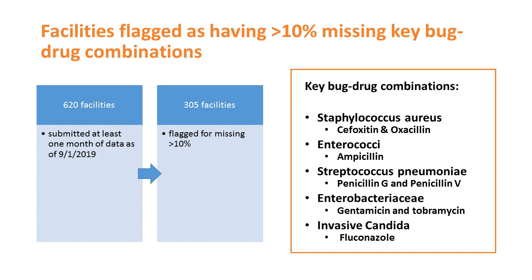The key bug-drug combinations are listed on the right. Among the pathogens listed, if a facility was missing 10% or more of the susceptibility results for the corresponding antimicrobials, they were flagged for follow-up.